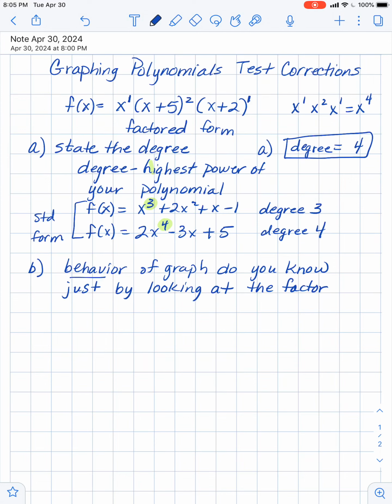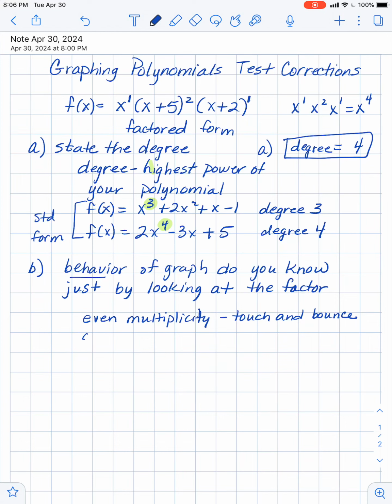Again, we talked about two things when we look at our factors. If it had an even multiplicity, it would touch and bounce at that point.